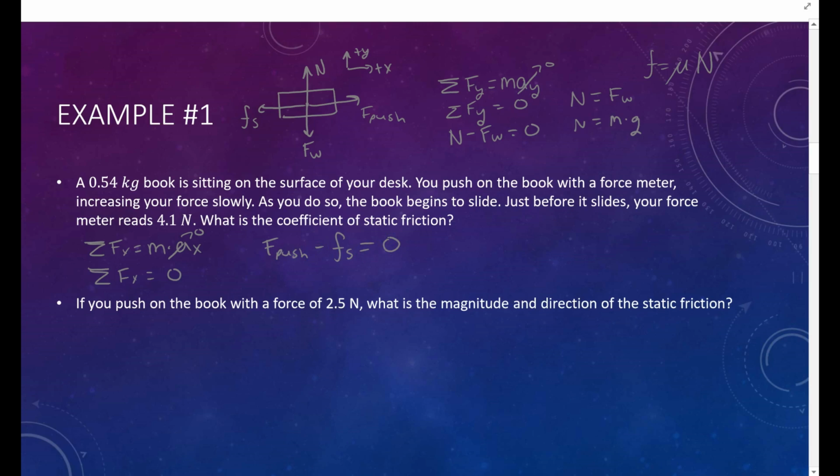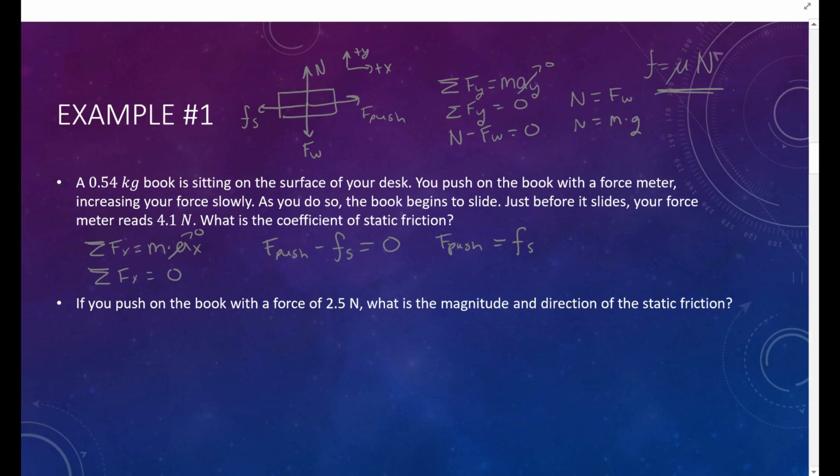That then tells me my F push, helps if I can spell the word push, is equal to my static friction. Because we're specifically looking for the coefficient of friction, we're going to substitute in the formula for static friction, which we talked about up here.